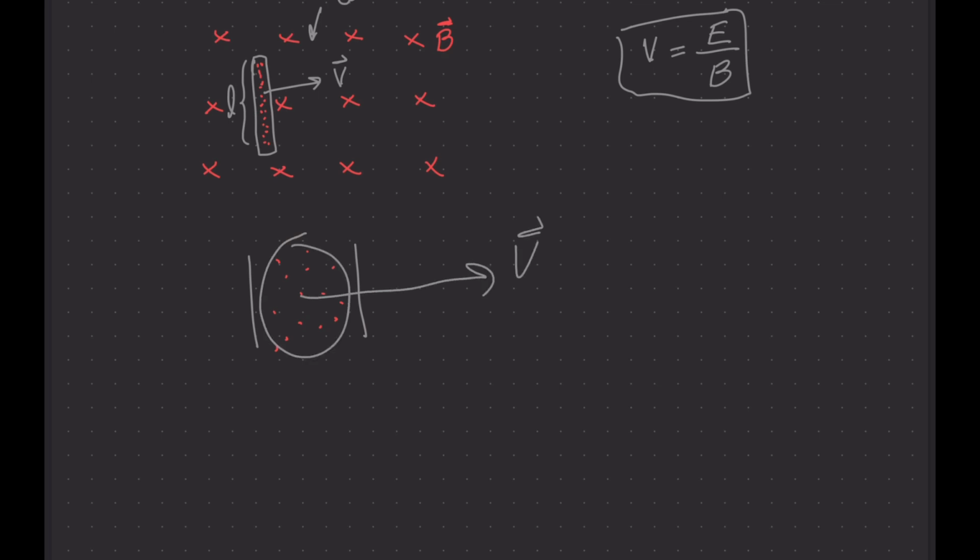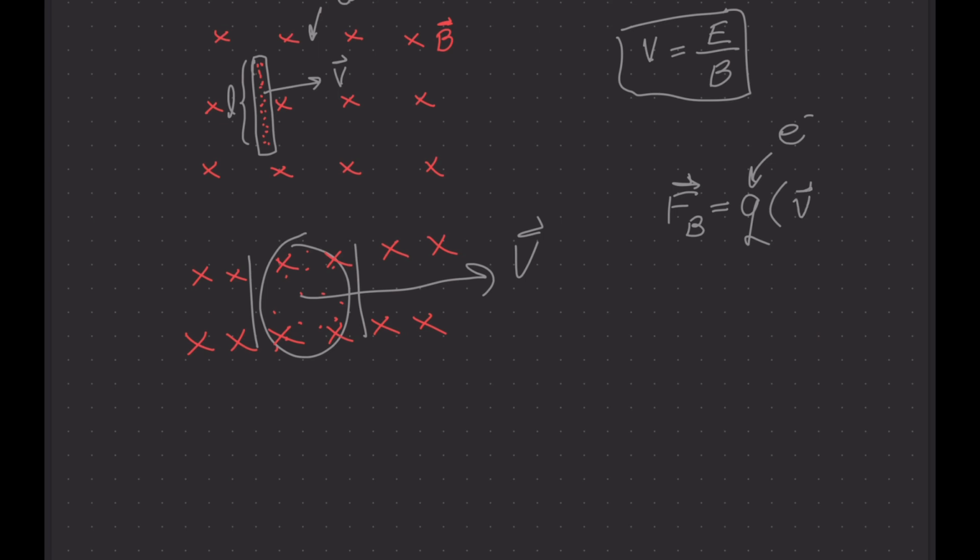And since the entire region here feels a magnetic field into the page, you can do that v cross B to find the force. So we have this thing, which is the first equation in this equation sheet. We have q, which in this case is the charge of the electron. Sometimes it's written like this with a minus sign to remind you that it's negative.